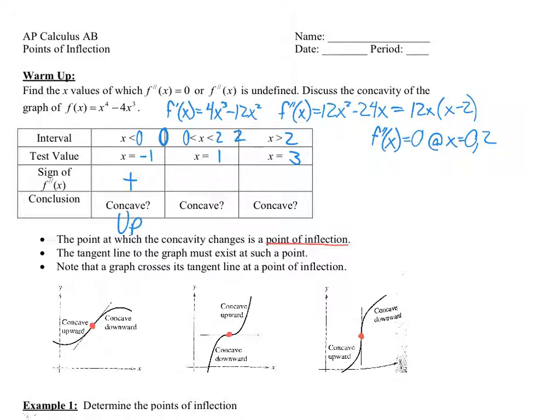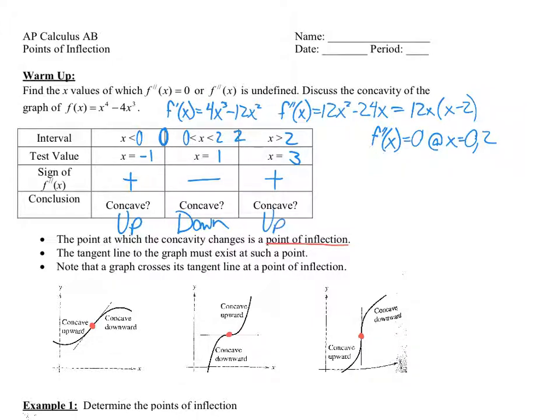Then we plug in 1, and I have 12 times negative 1. That's negative, so it's concave down. And then if I plug in 3, I have 36 times 1, which of course is positive, so it's concave up.